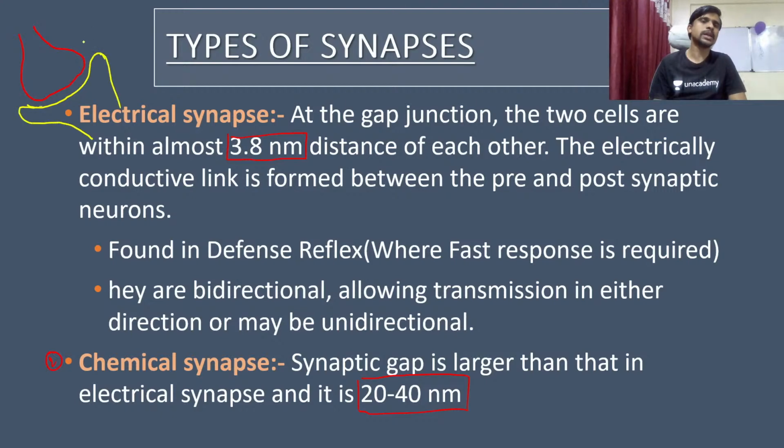The gap is very less, about 3.8 nanometer. So the impulse can jump from this cell to the next cell. Okay, so it is nothing but the jumping of impulse.